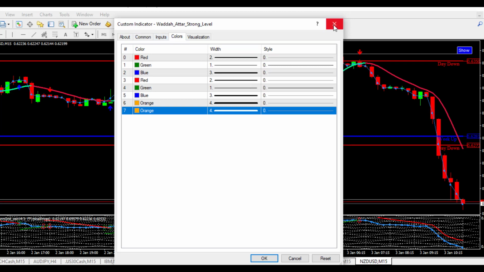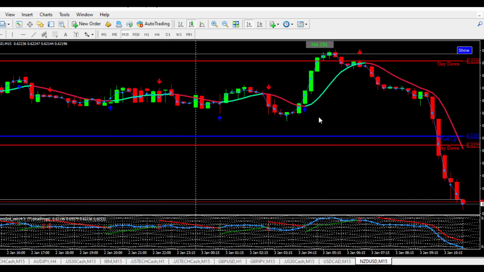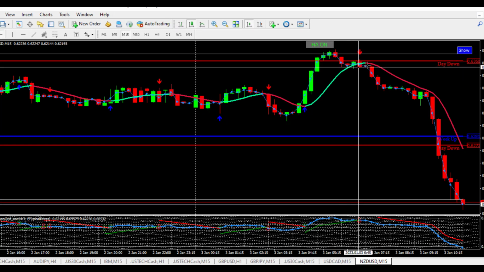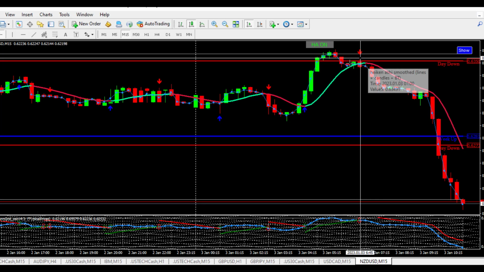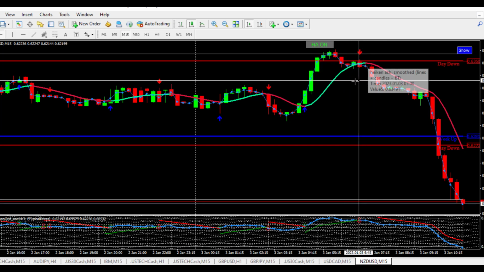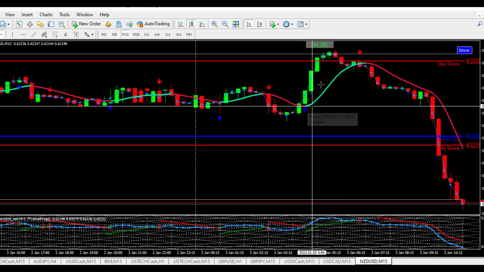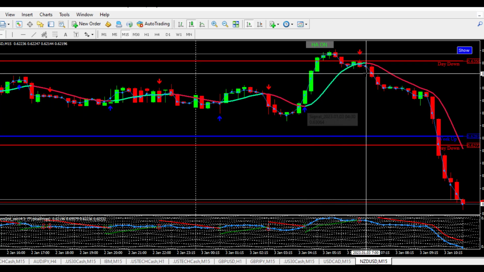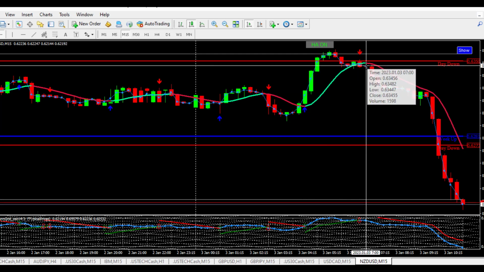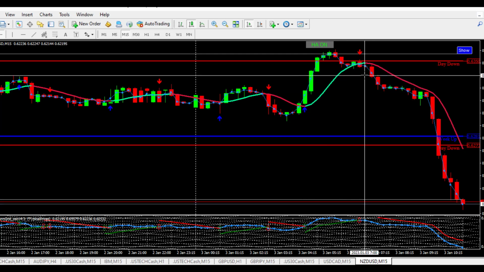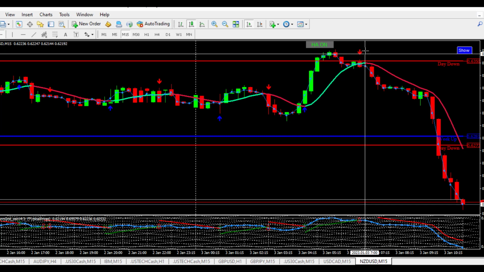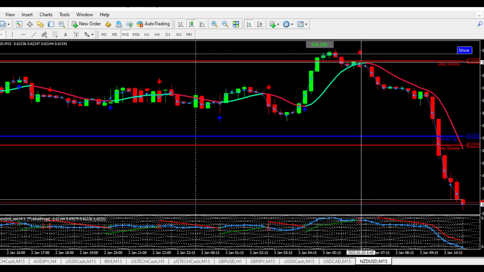Before we go on to the settings, let me explain how to use it. At this particular point, I have this resistance zone, this red zone, and the second indicator also turned to red at this point, and then we have this arrow present for a sell.